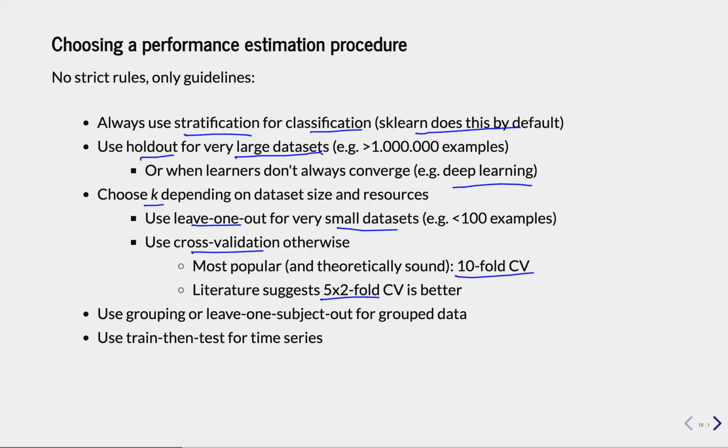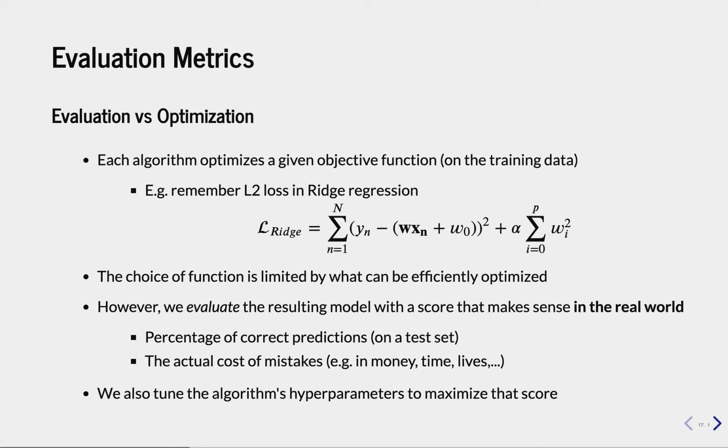Okay, if you have any grouping in your data, like if there are groups of instances that belong together and should not be in both your test and train set, then always use leave-one-subject-out or grouping. And if you have time series, always choose something like sequential evaluation or train and test, or batch versions of that. All right, we've seen how to build train and test sets.